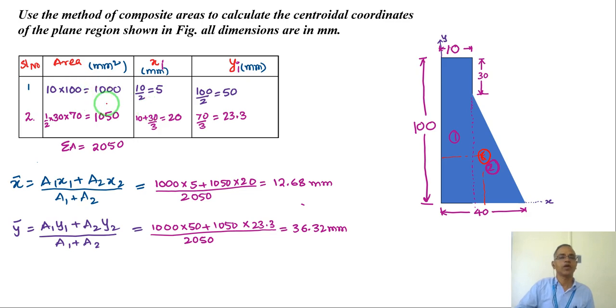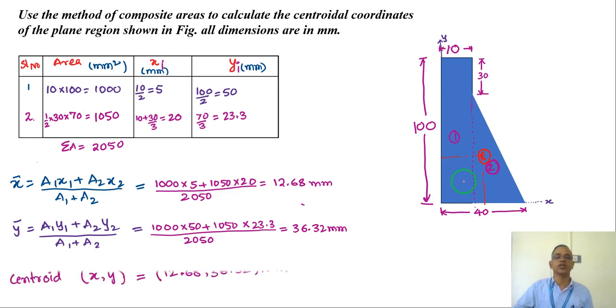So here A1, this is A2, and this is X1, this is X2, this is Y1, this is Y2. Use this formula and find out the centroid for this composite area.